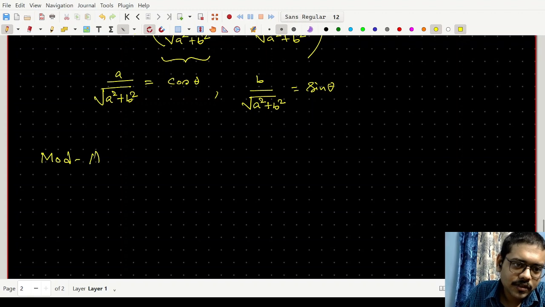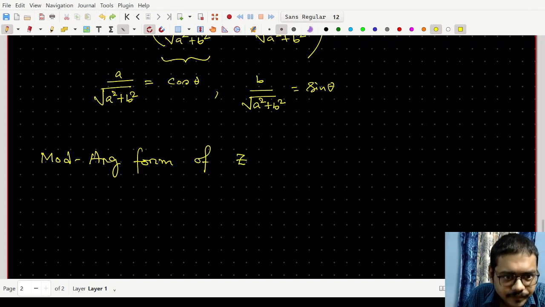So what is the modulus argument form of z?